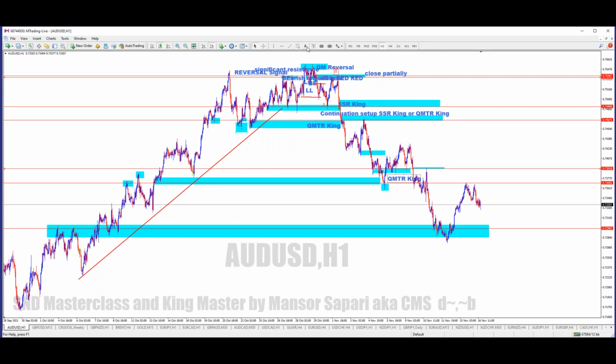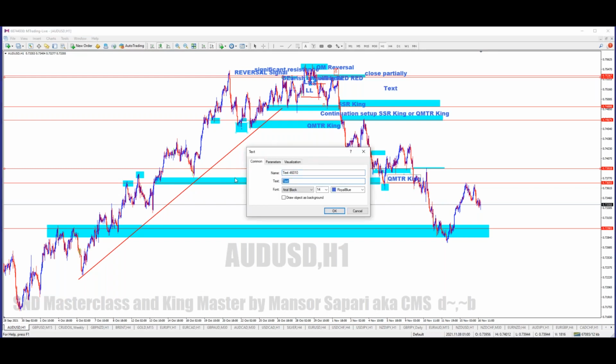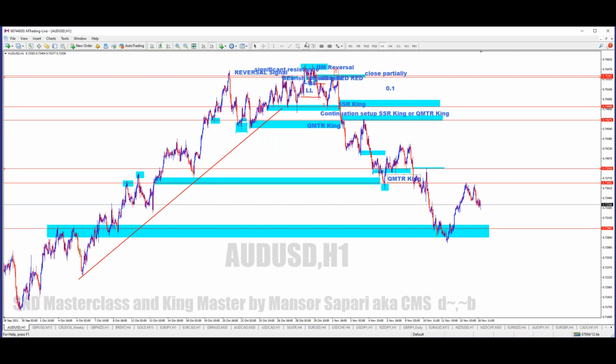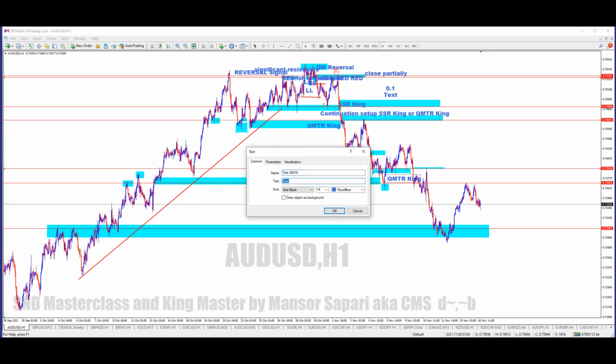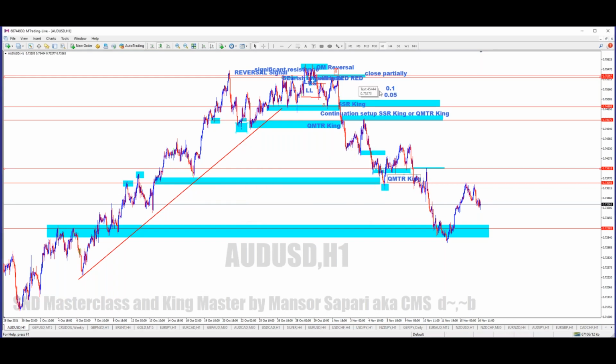Let's suppose that you enter around 0.1 lot. So when price reaches over here, you close 0.05 and let the other 0.05 go, let it go wherever it wants until you are satisfied with your targets.